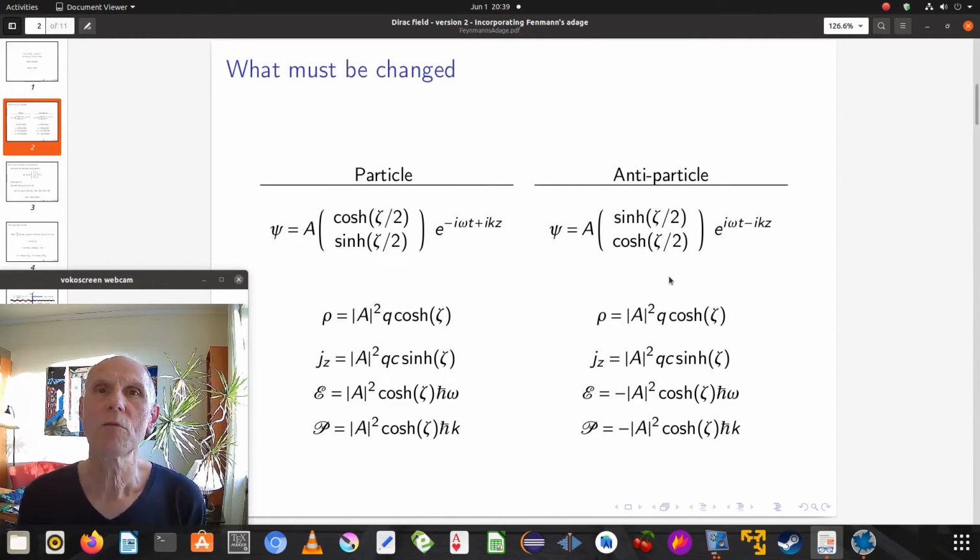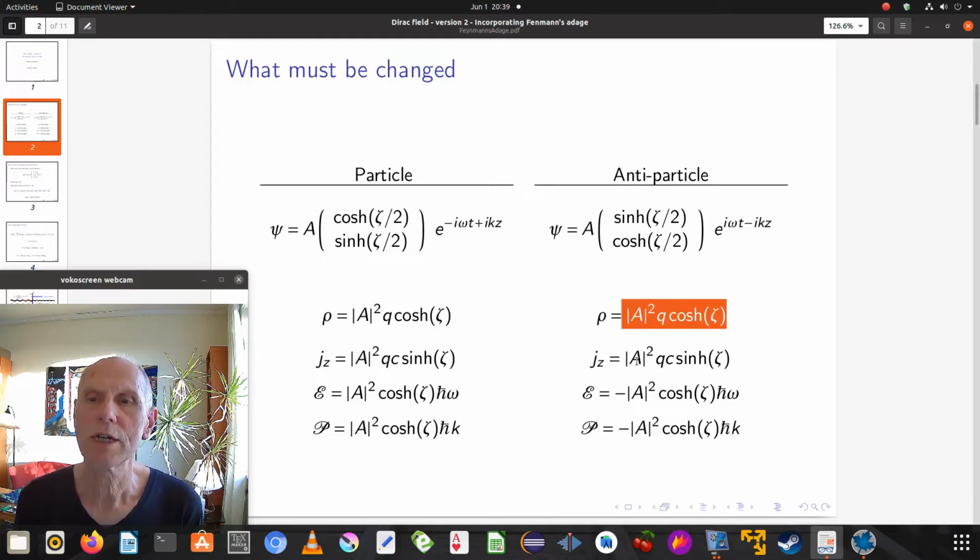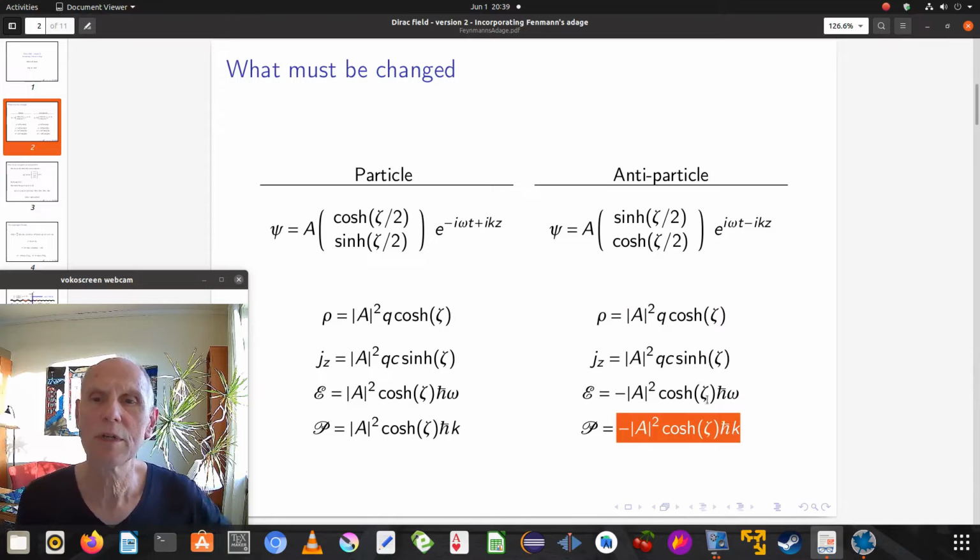In any event, we should change signs on all of these four quantities, whatever our reason for doing it. But if we change any sign here, we'll lose charge conservation, energy conservation, and conservation of momentum.